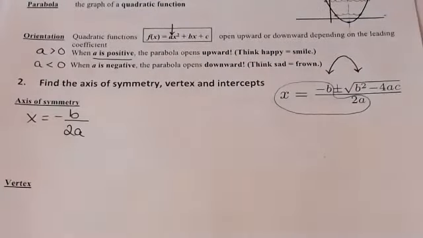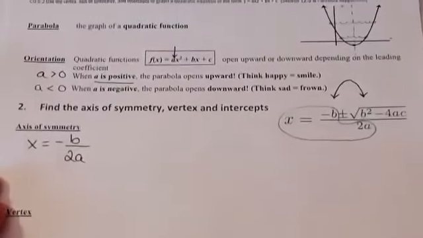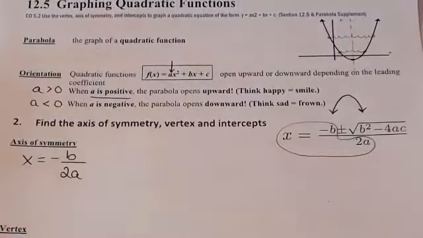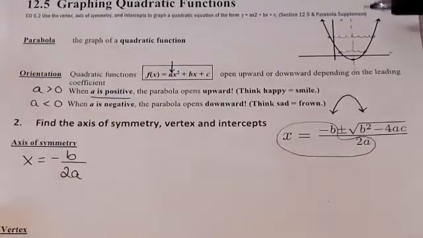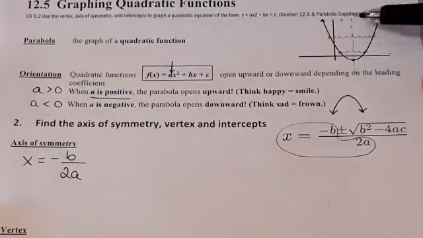Now I want you to think about this logically. Our equation reads x equals. So when we find the axis of symmetry, we're finding an x equals a number equation, right? What we learned way back when in 098 is that if we had the equation, let's say x is equal to 2, that's a vertical line.